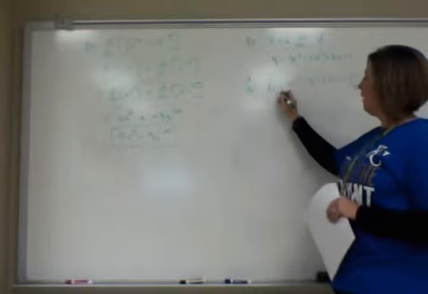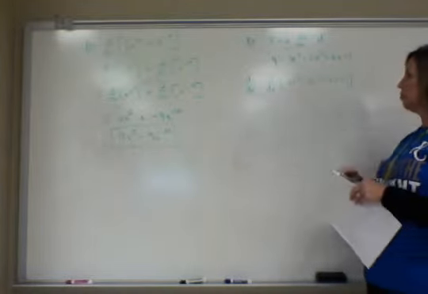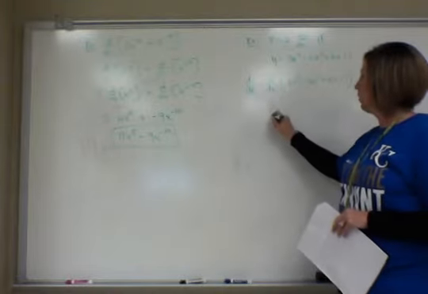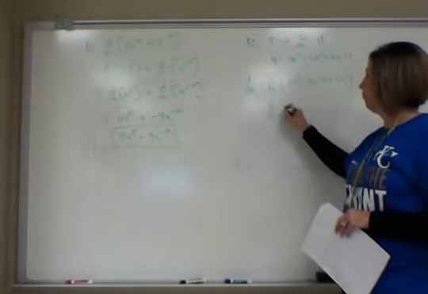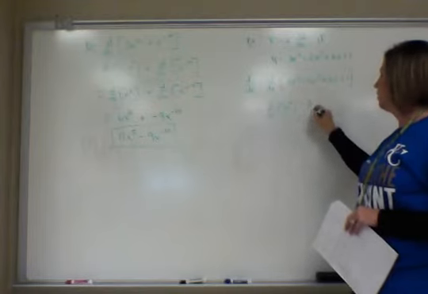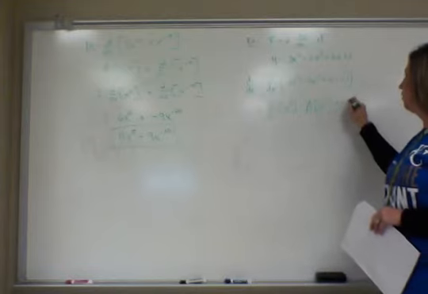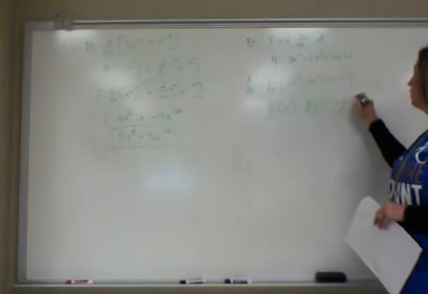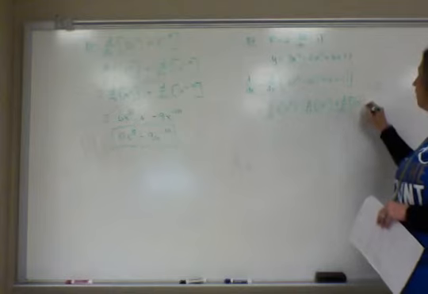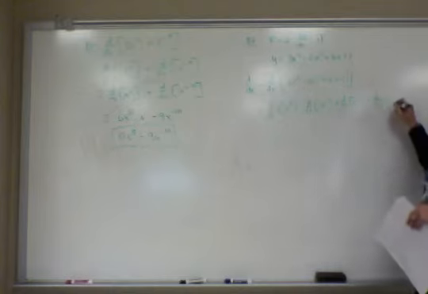Again, these are all individual polynomials that have been added or subtracted, so we could break that up to be the derivative of 3x to the 8th minus the derivative of 2x to the 5th plus the derivative of 6x plus the derivative of 1.